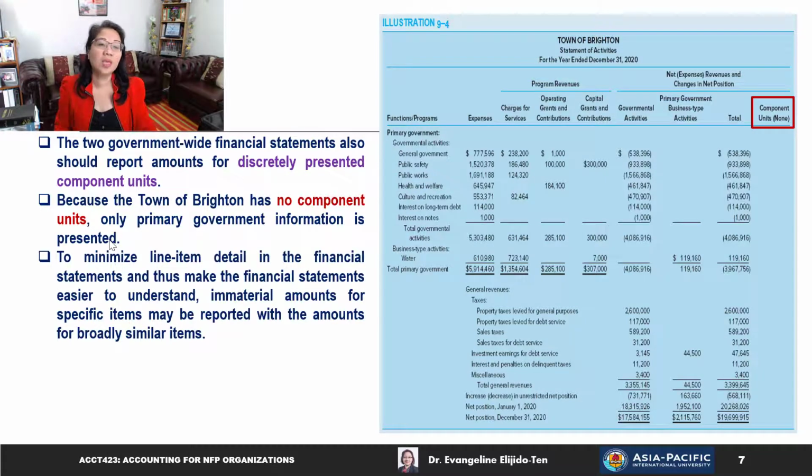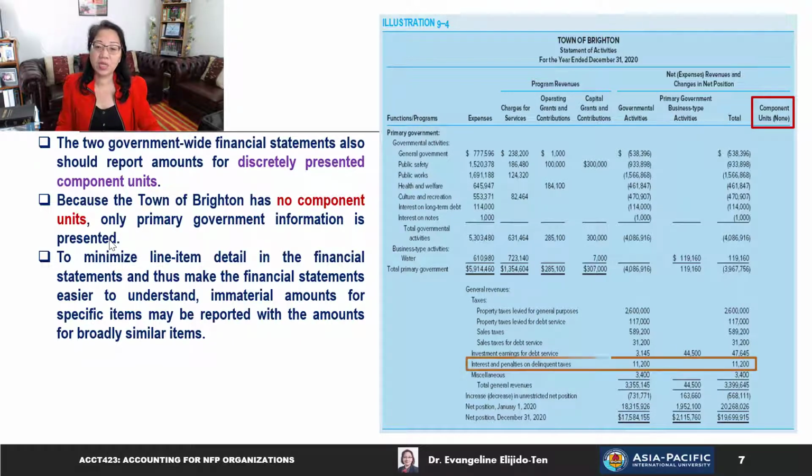All right. In order to minimize line item detail in the financial statements and therefore make the financial statements easier to understand, immaterial amounts, that means amounts that are not significant, for specific items may be reported with the amounts for broadly similar items.